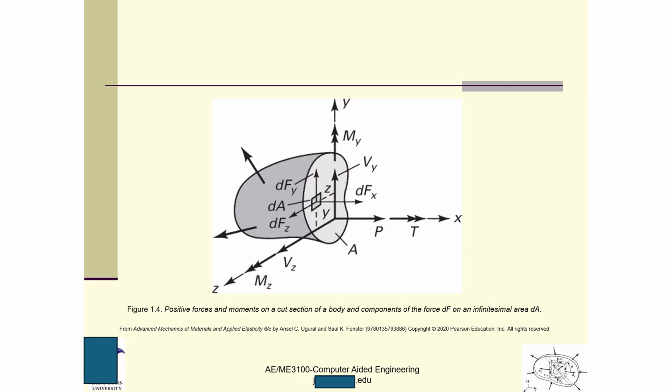And this is My about the y-axis, and this Mz is about the z-axis. Any questions so far? And this P is a normal force, and Vy is the shear force, and Vz is the shear force. Any questions so far?